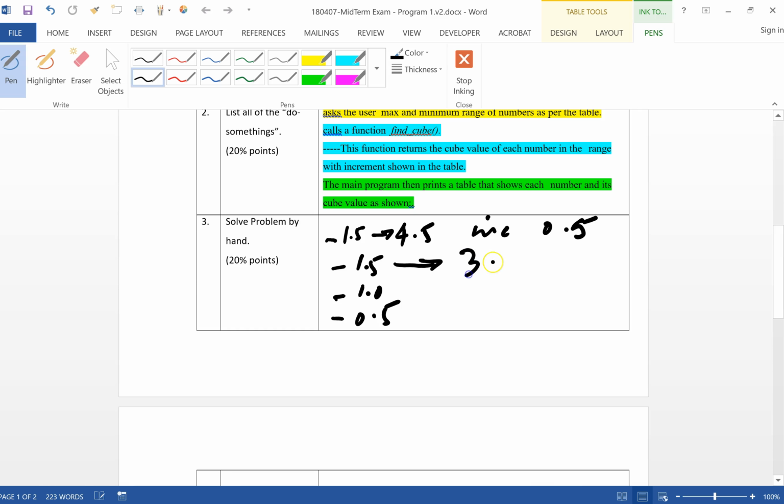So 3.375, and then the minus is the negative number.